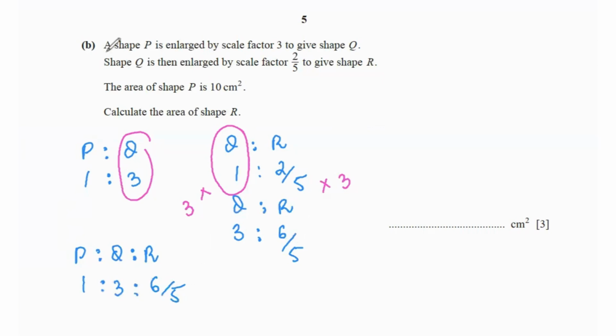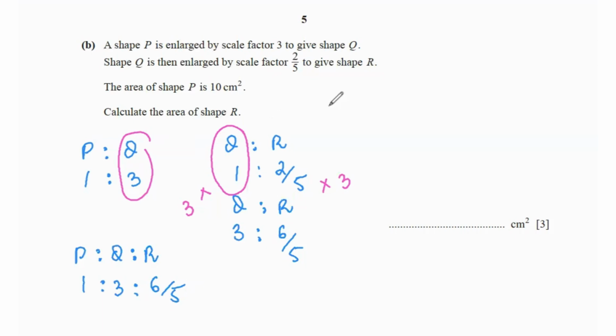Now they told us that the area of shape P is 10 centimeters squared. So we have to find the area of shape R. So what we can do is that, if you remember, when we have similar shapes, the length or scale factor being squared equals the ratio of the area of those shapes.